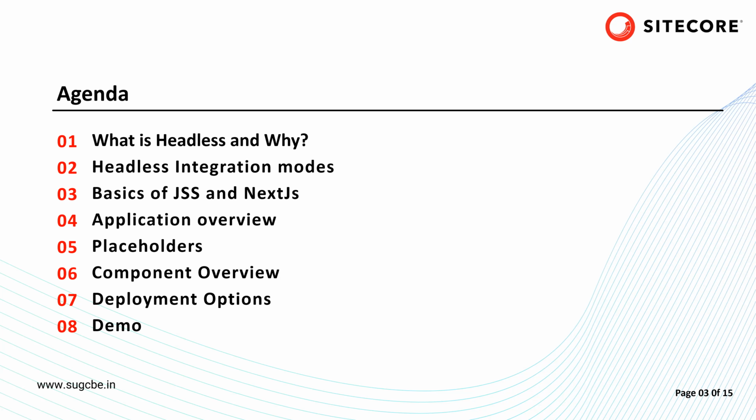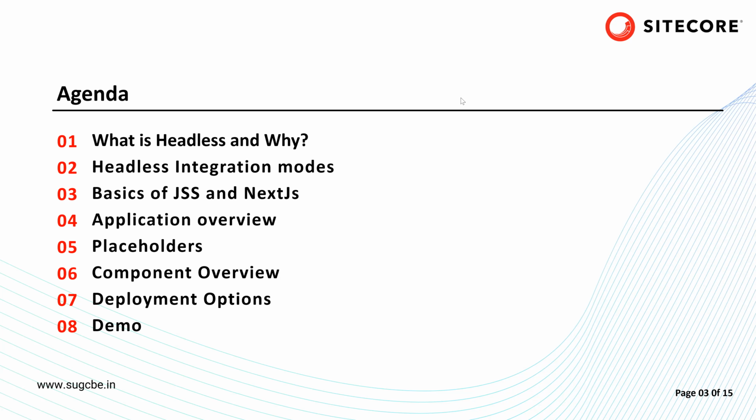The main agenda today: we'll see what headless is and why headless is required, and what headless integration modes are available, and some basic information about JSS and Next.js, which is the most happening JavaScript framework. Then the application overview when we start creating a Next.js application, so how the application should be.